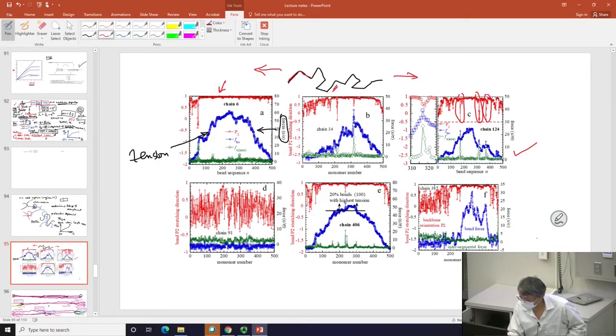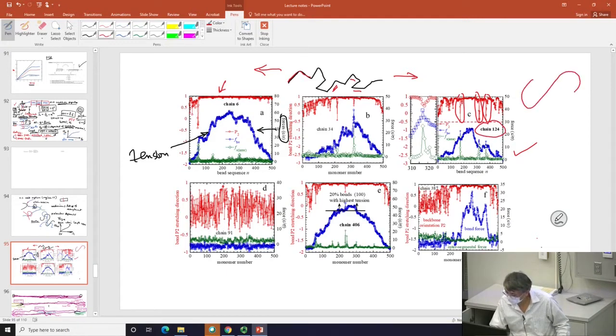Okay, chain tension that builds in the chain. So for example, we could find many different chains, many different examples. For example, this chain 124 is one that makes 2 hairpins, and we can look at the chain tension that's building up there. So that is this blue line. This is the chain tension it builds along the chain.